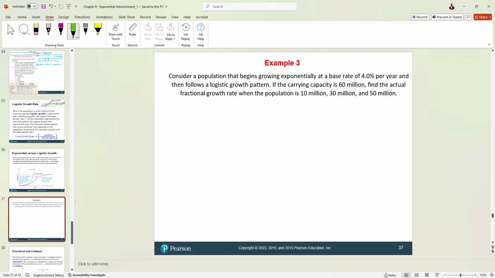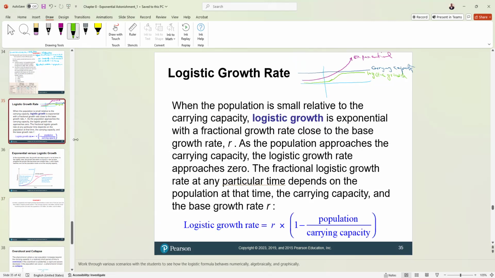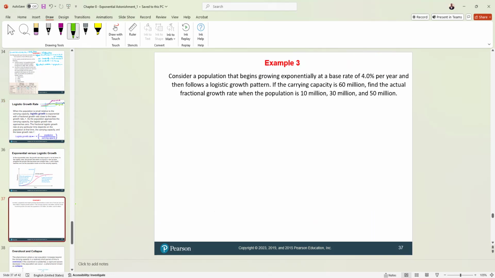Okay. So we know the logistic growth rate equals, because this formula here, logistic growth rate equals, if you take the same formula, you know what?